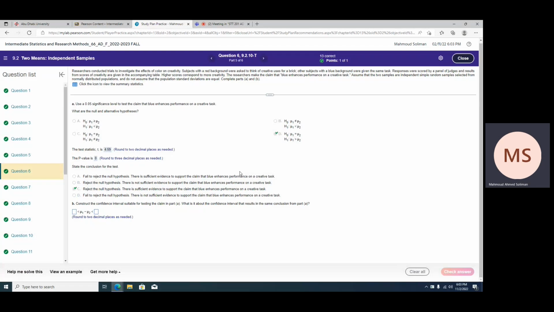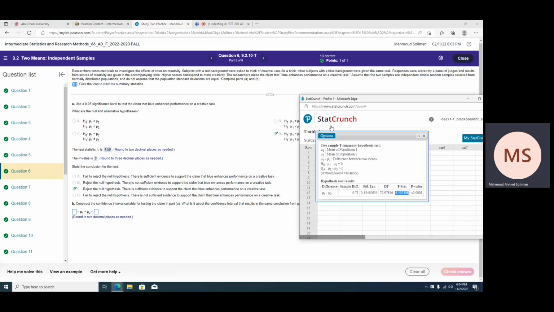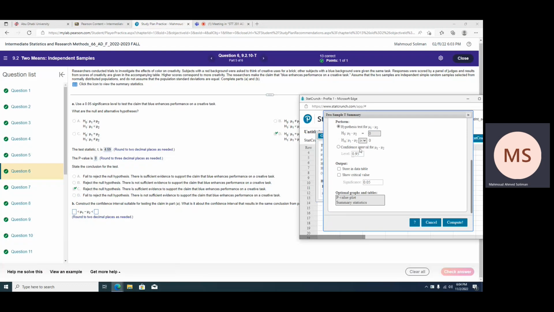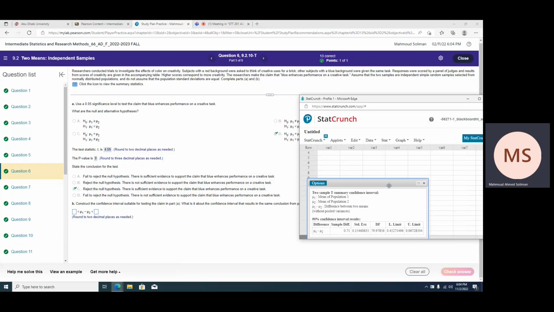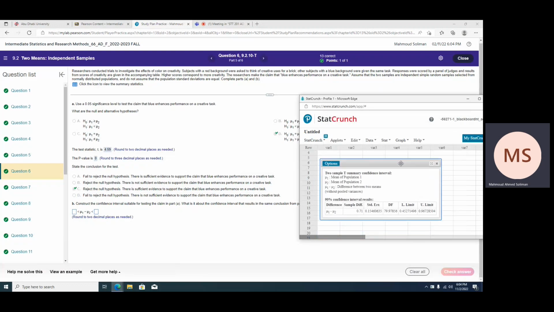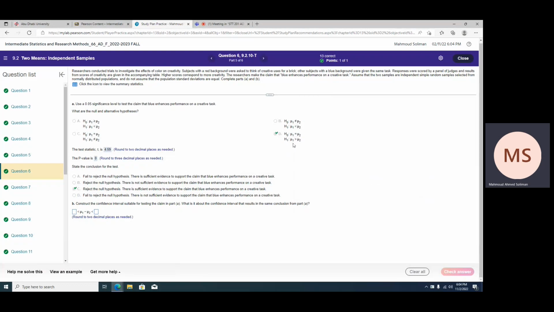Okay, so next. We go here, edit, 1 minus confidence interval. So it's one tailed, 1 minus 2 alpha. So 1 minus 2 times 0.05. No, it's one tailed, 1 minus 2 alpha.